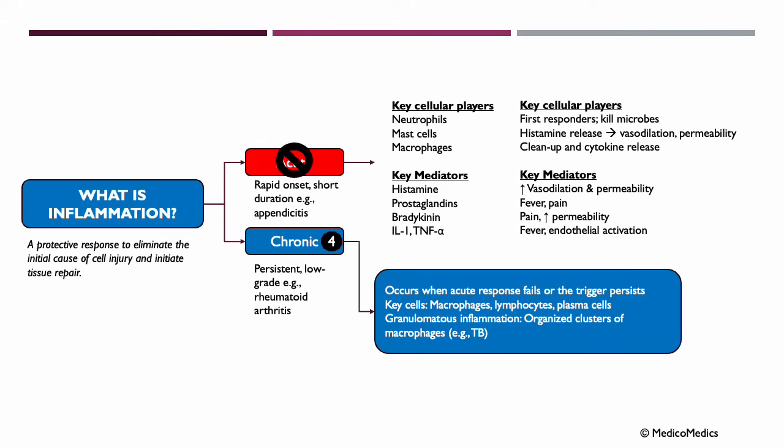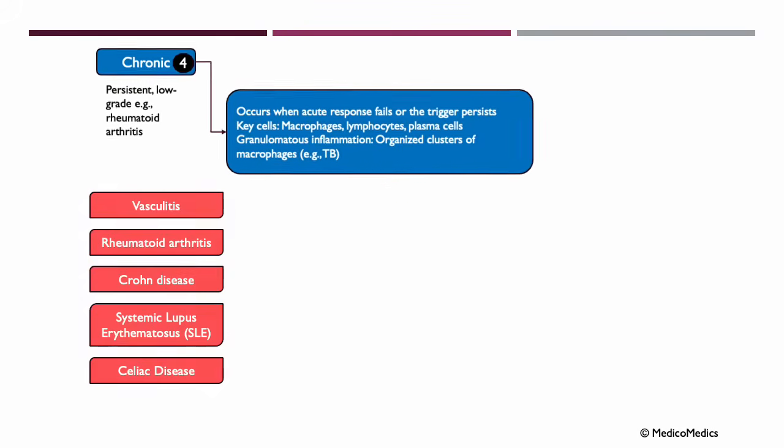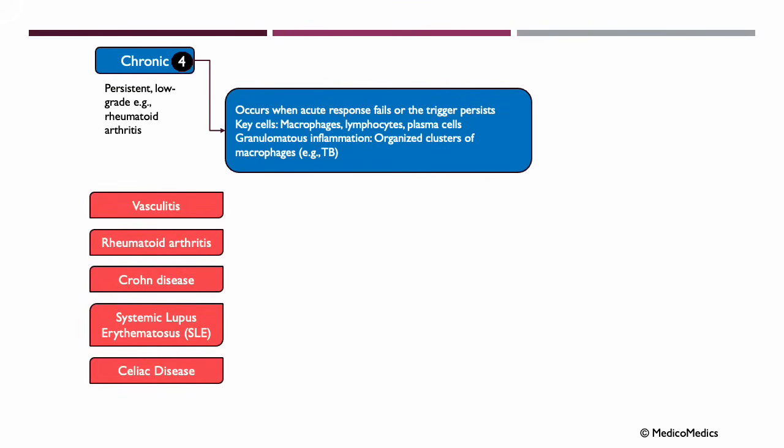Why is it clinically relevant? Well, of course, chronic inflammation contributes to organ damage in autoimmune diseases, for example. And it's involved in the elevation of cancer risk in diseases like ulcerative colitis, for example. Now then, let's move on to discuss some examples of chronic inflammation.